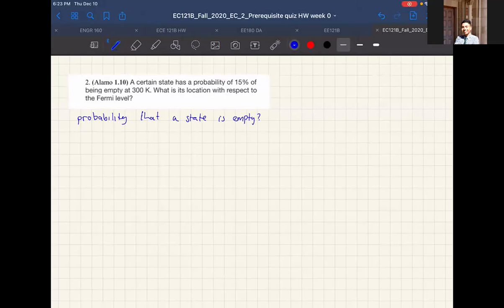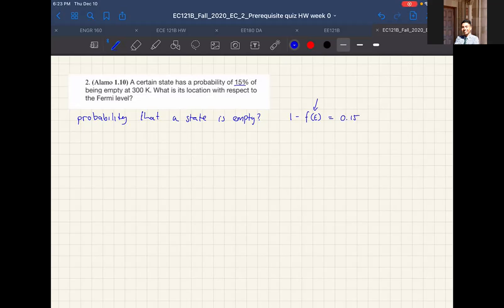The probability of a state being occupied is given by the Fermi function, as Cody was saying, a very important concept. So we have 1 minus the Fermi function, which gives the probability of a state being empty, because we know this is the probability of a state being occupied. They tell us that's a 15% chance.